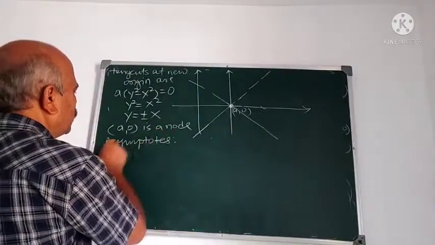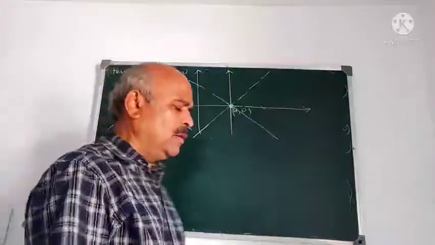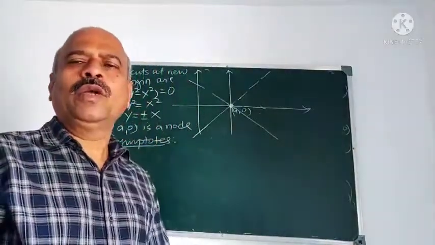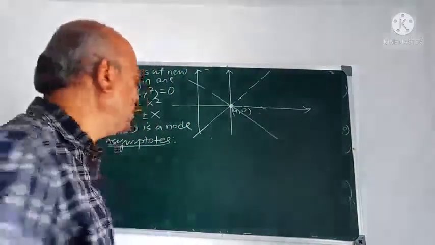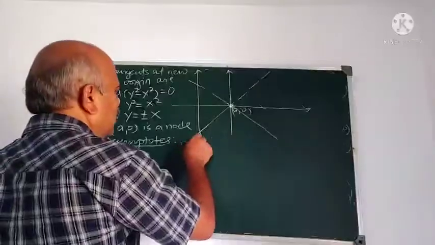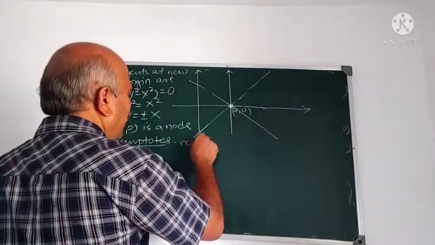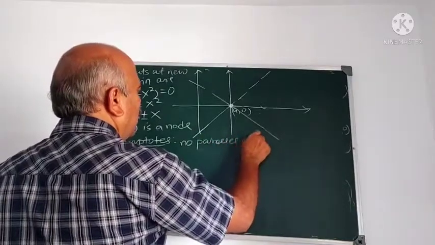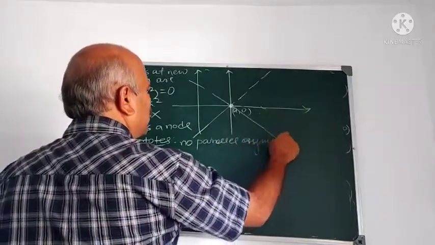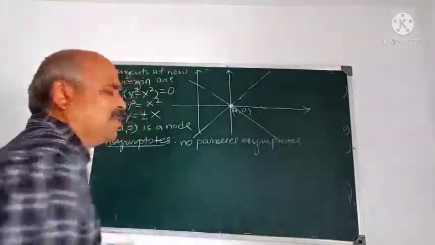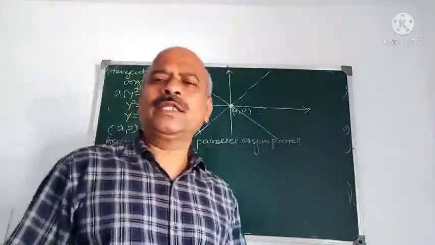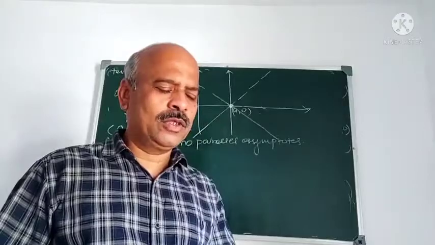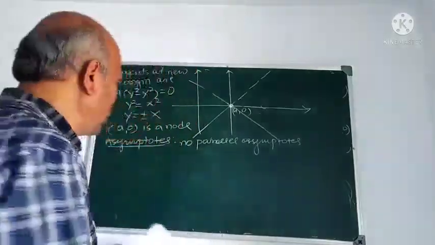How do you obtain the asymptotes? By equating the coefficients of the highest degree terms in x and y to 0. If they are linear factors, then we will have parallel asymptotes, but in this case there are no asymptotes.